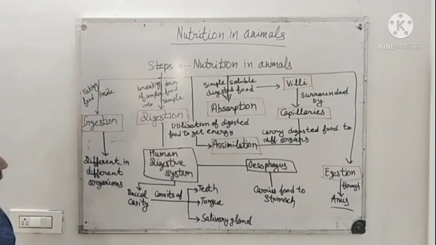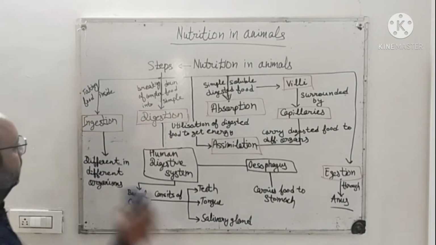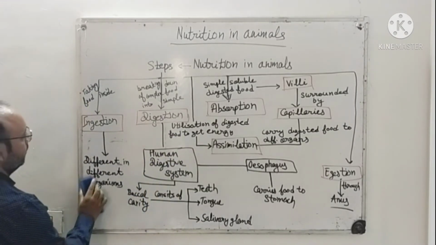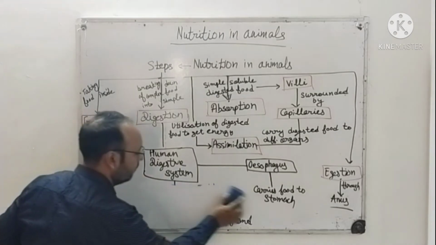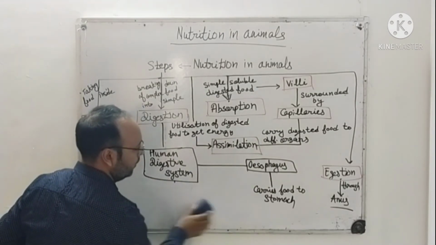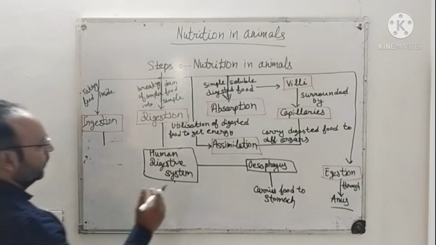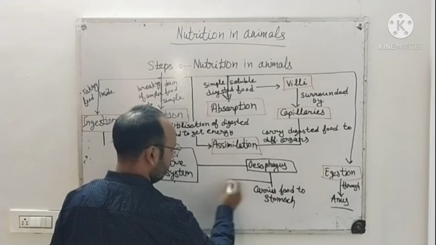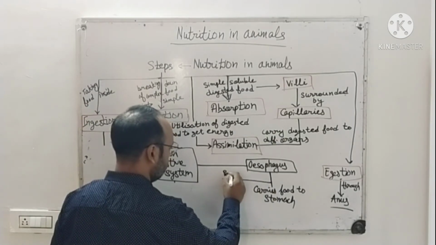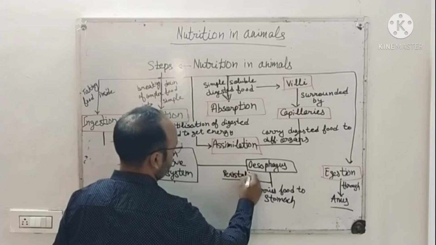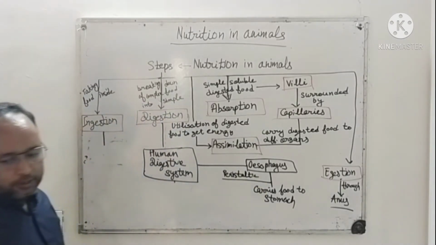Now I am erasing a little bit of the portion so that it will be easy for us to write. Buccal cavity also I am erasing. So in the esophagus, there is a process, peristalsis.